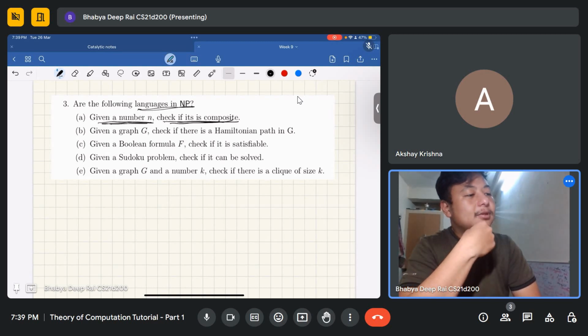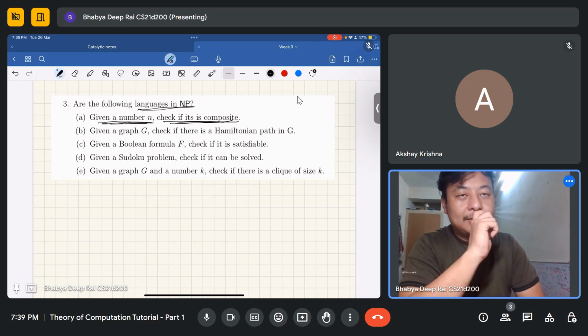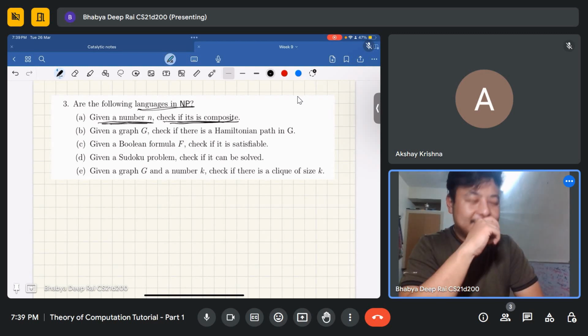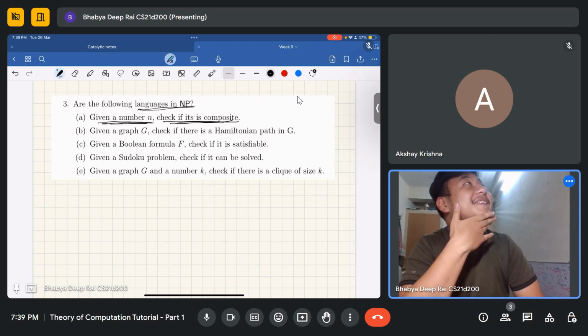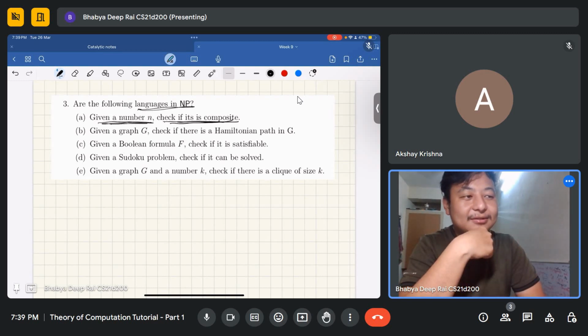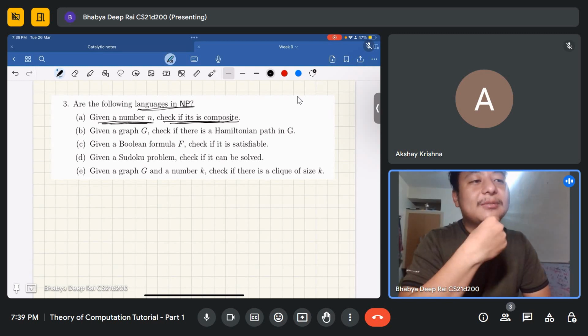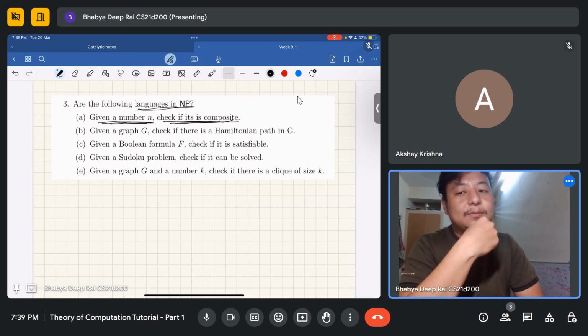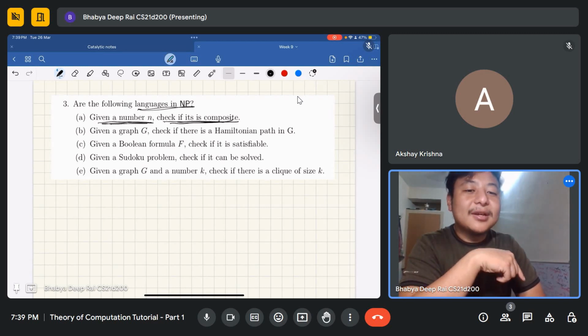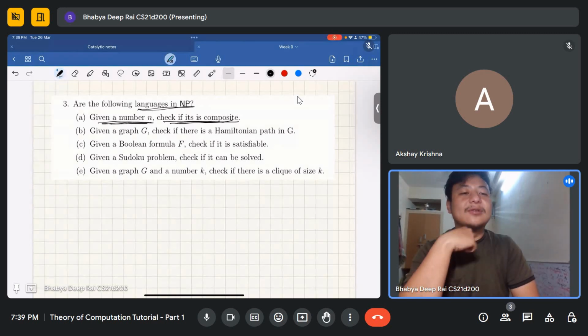But okay, so let's say Akshay, you claim that 27 is a composite number, and I tell you that I'm not convinced. Why is 27 a composite number? And you try to prove to me that 27 is a composite number.